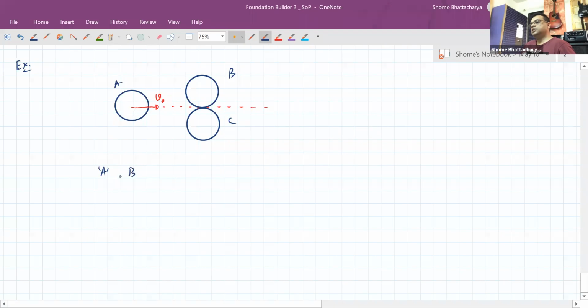So A, B, and C are identical discs on a smooth horizontal surface.